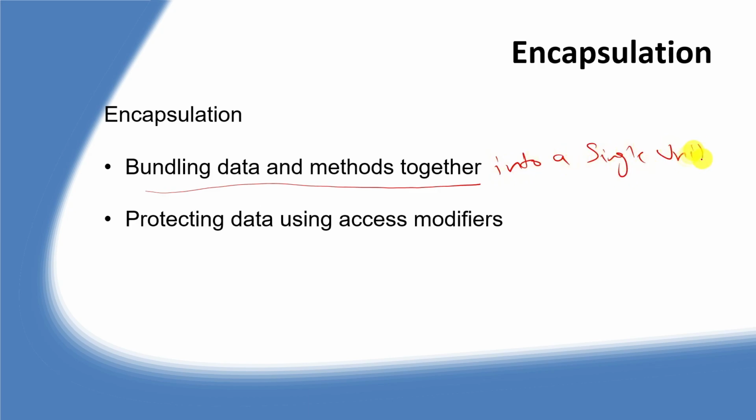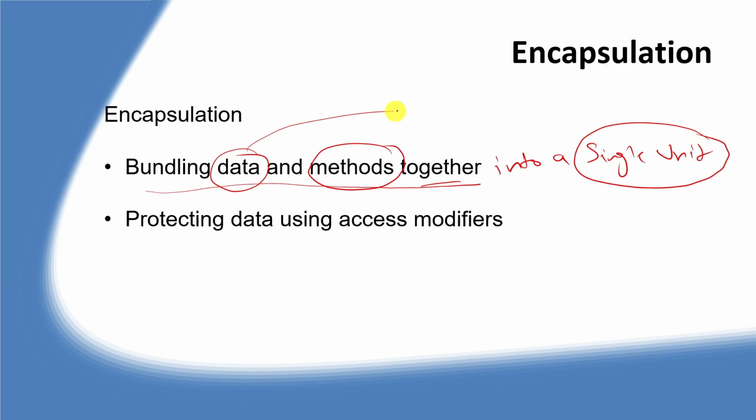So these things, data and methods, we are binding into a single unit. That is what we call encapsulation. So encapsulation means wrapping data and methods into a single unit, which is a class.